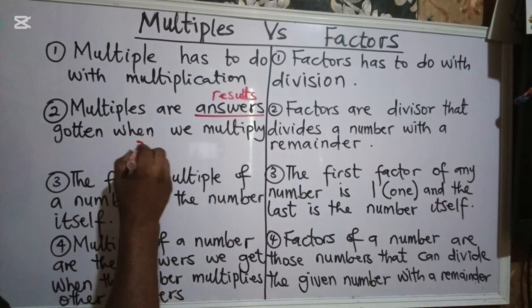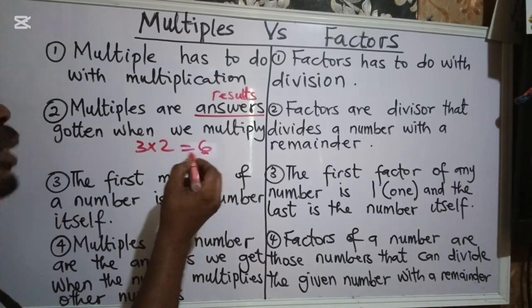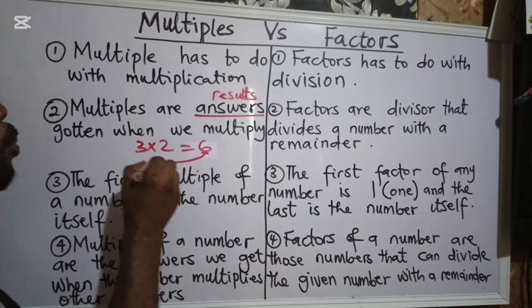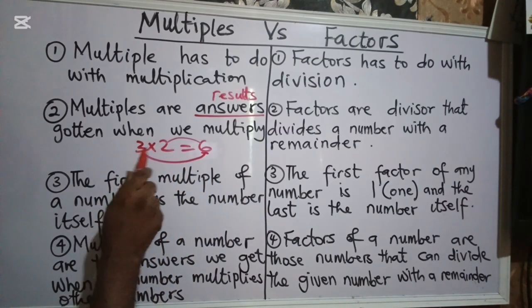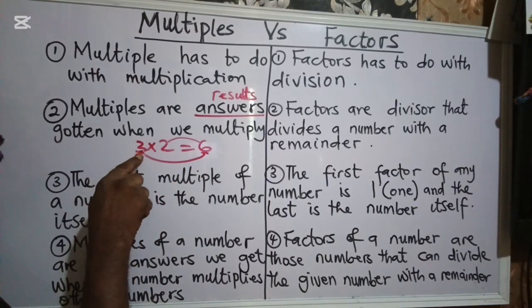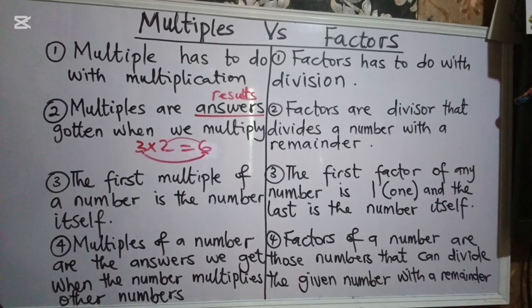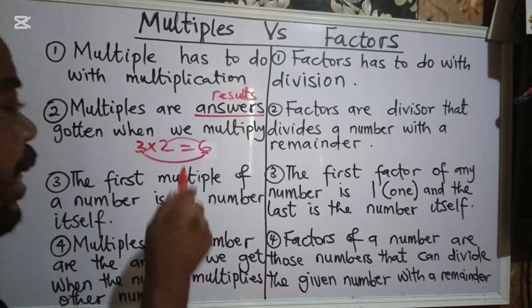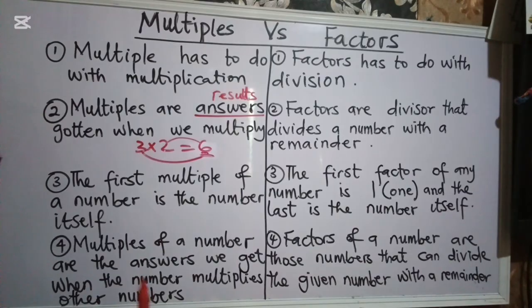If I say 3 times 2 is 6, that means 6 is a multiple of 3 and at the same time a multiple of 2. Why? Because both of them come together to multiply and they got this. So 6 is a multiple of 3, and 6 is also a multiple of 2. That is multiple: the answer we get when we multiply numbers together.